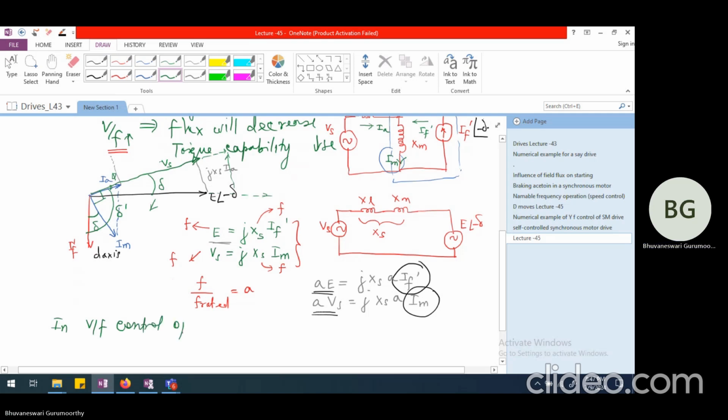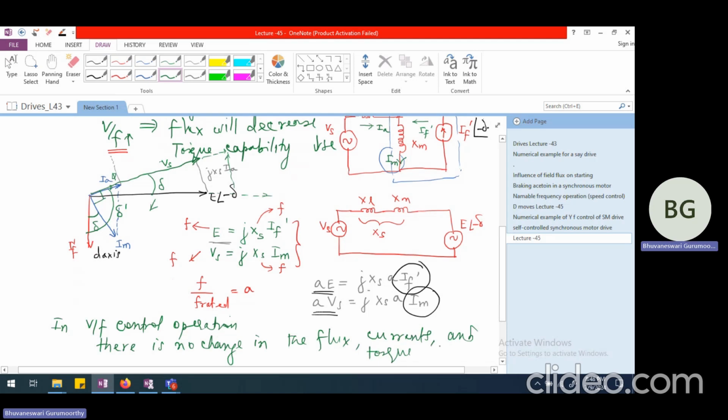So in V by F control operation, there is no change in the flux, in the currents, and torque.